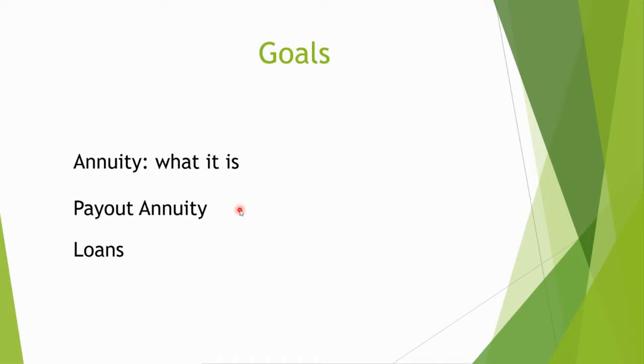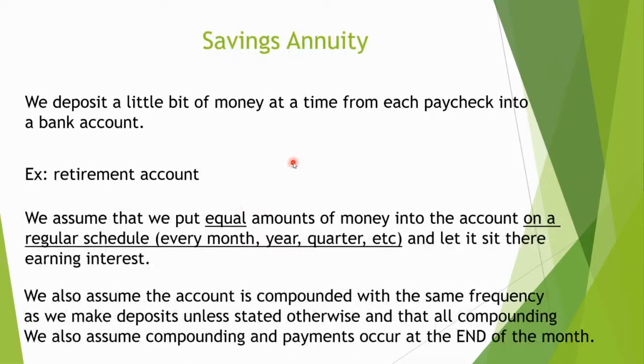All right. So in particular, if we look at a savings annuity, basically this is what happens in this kind of account: the idea is we're taking a little bit of money at a time from our paycheck every time we're paid, and we're putting it into a bank account.